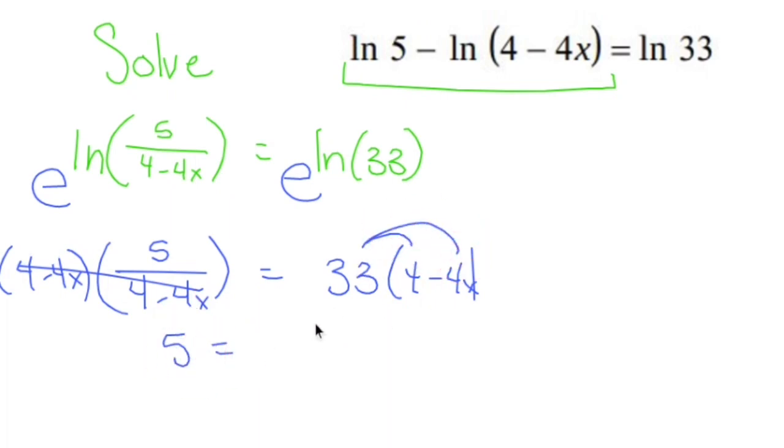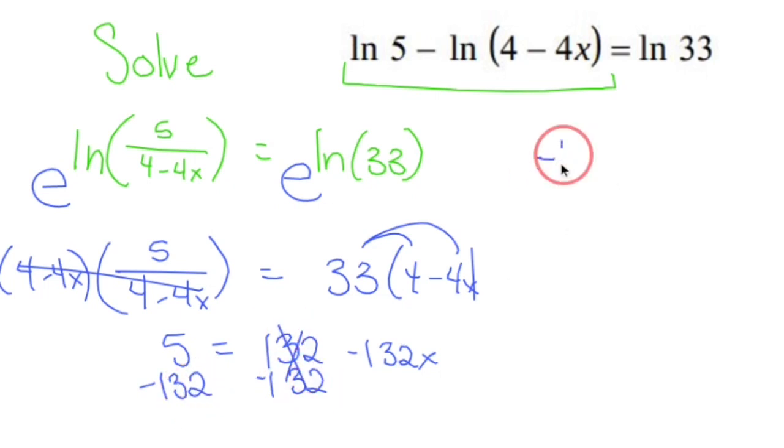Distribute here. 33 times 4 is going to be 132 minus 132x. Subtract 132, subtract 132, and 5 minus 132 is negative 127 equals negative 132x.